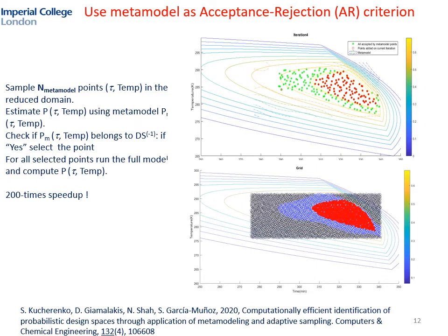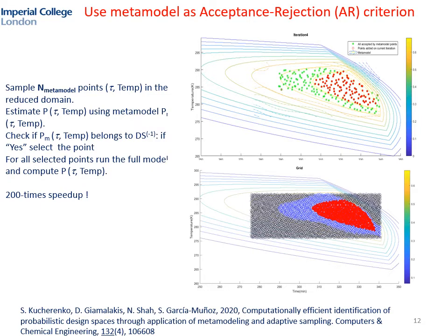It works like this: we sample some number of points in the tau temperature domain. We build a meta model in this domain.